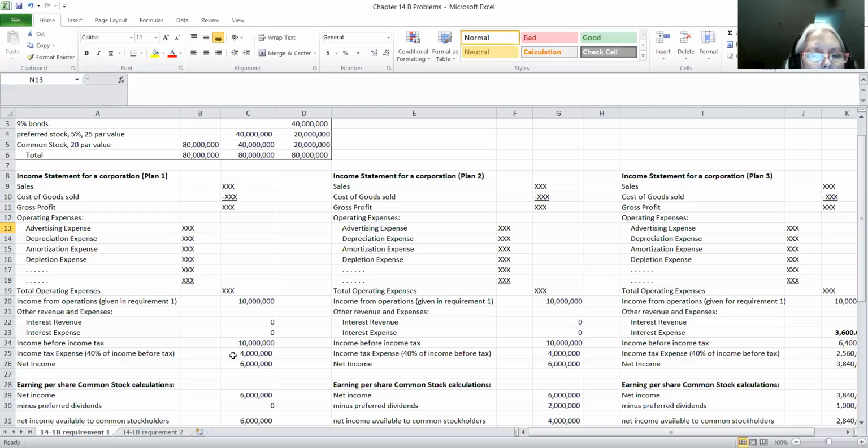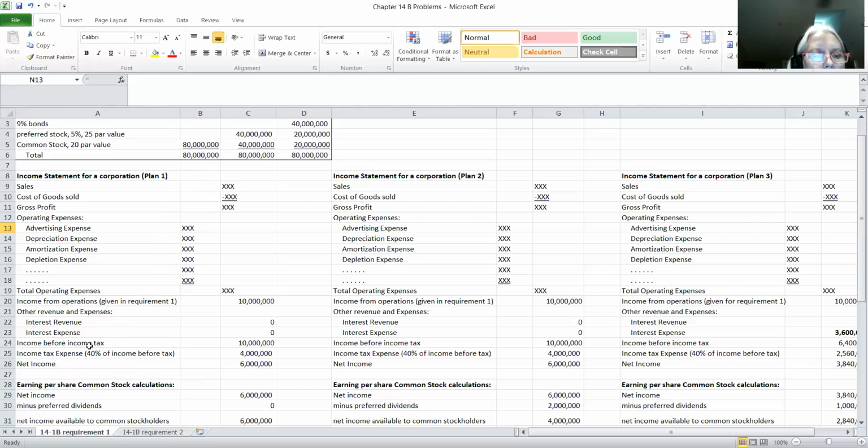And income tax expense would be an expense that is deducted on the income statement. It comes sort of toward the bottom of the income statement here in order to help us to determine the net income.